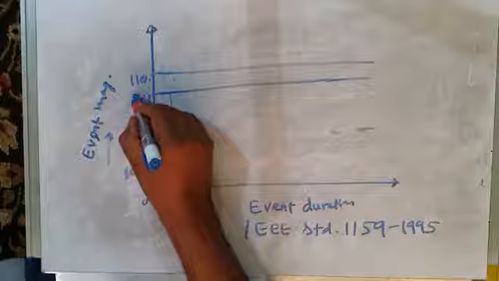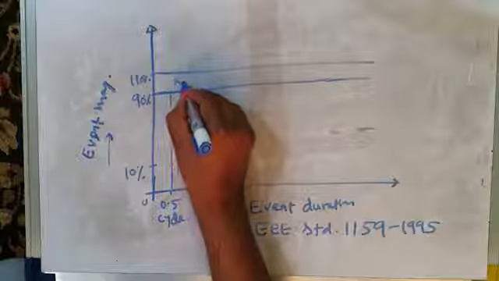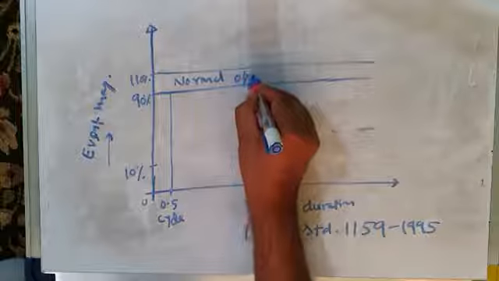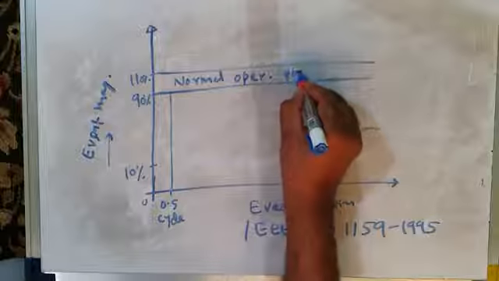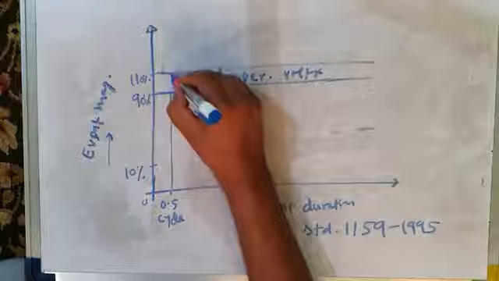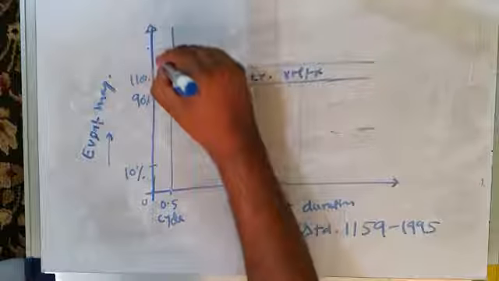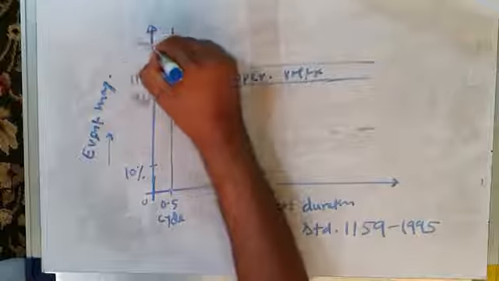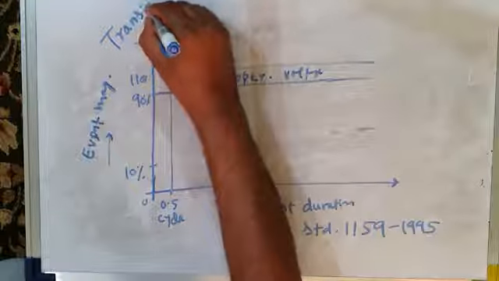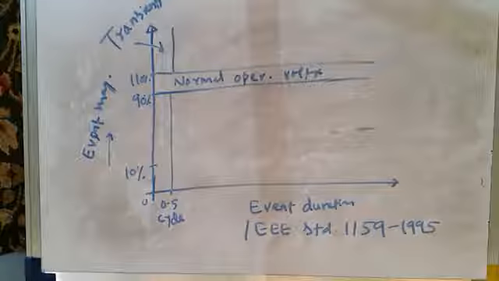If the voltage is between 90% and 110%, it is normal operating voltage. Okay. Then what is this? If voltage is very high, but for very short duration, these are nothing but transients. Impulsive transients and oscillatory transients.